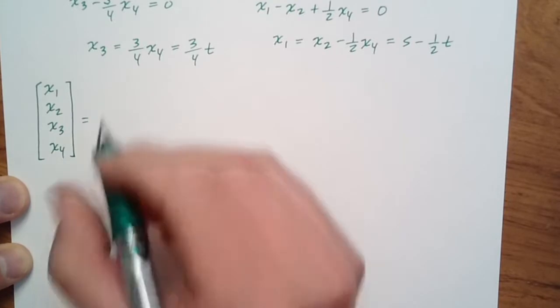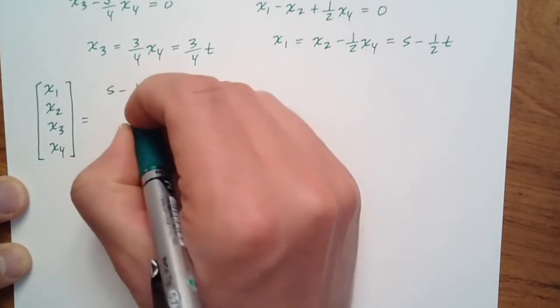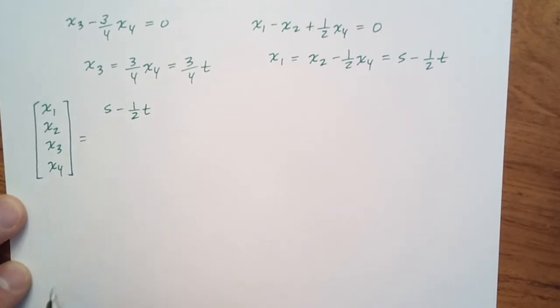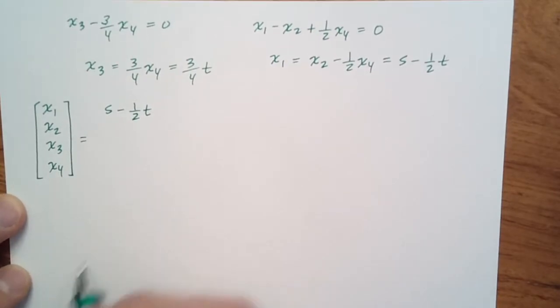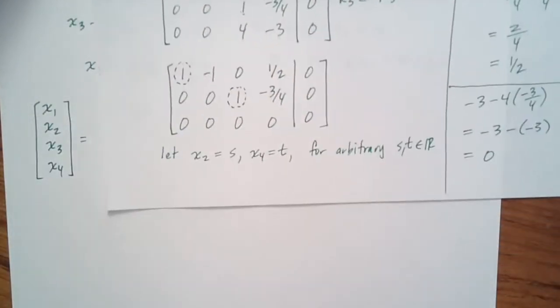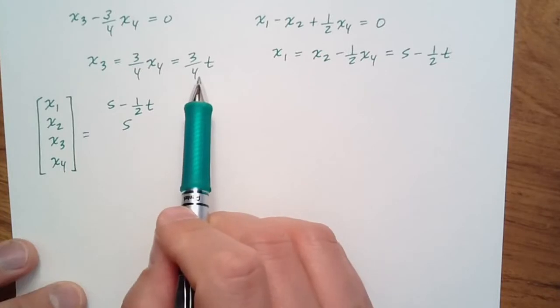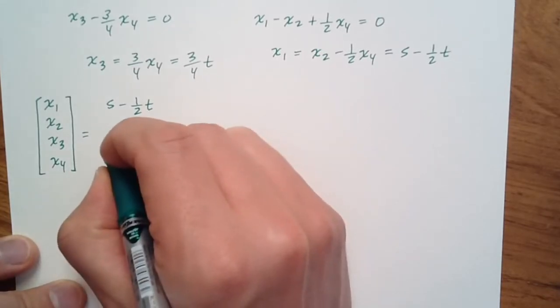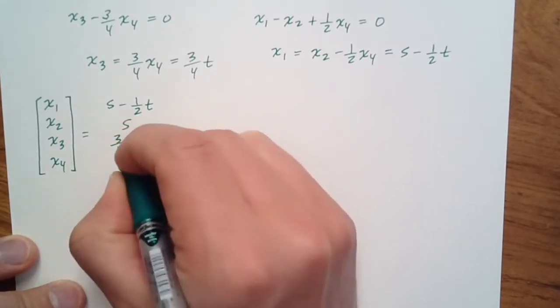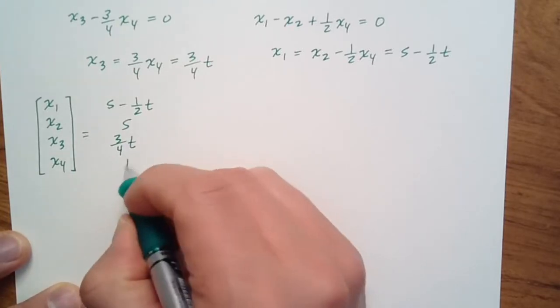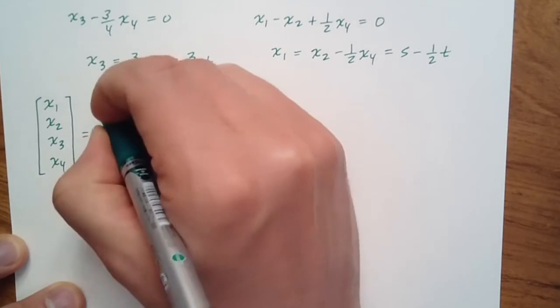So x1 is s minus 1/2 t. x2 was what? I already forgot. x2 was s, our parameter. x3 we had as 3/4 t, so I'll put that here. And then x4 was t. So we've got all of our variables.